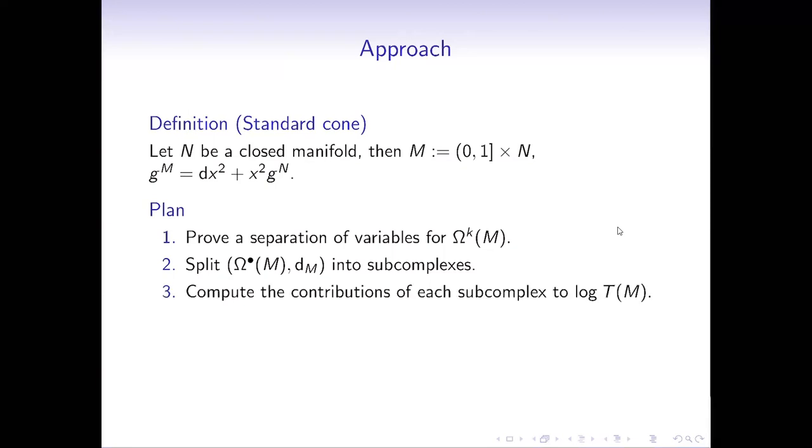Then the third step is, for each subcomplex, find its contribution to the logarithm of the analytic torsion. And step 4 is just to sum everything together. So that's the outline of what we're going to be talking about for the next bit of time.